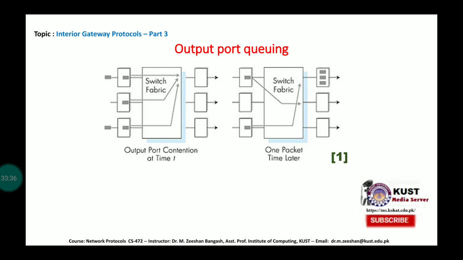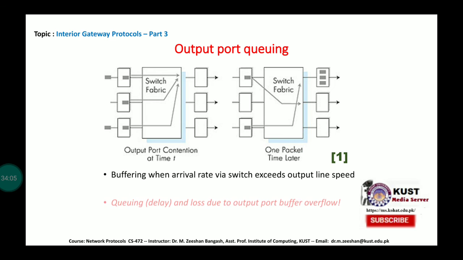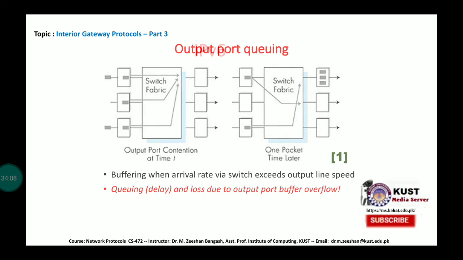The output port queuing is shown in the first part of the diagram, where the output port connection at time t is shown, and one packet is outputted at a time to the different output queues. You can check this in the diagram. Buffering occurs when the arrival rate via the switch exceeds the output line speed, so queuing delay and loss occur due to output port buffer overflow.